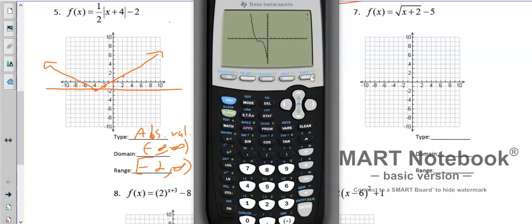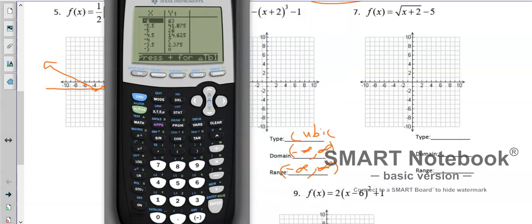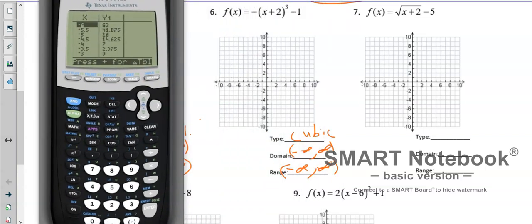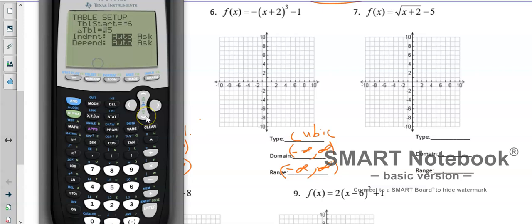So you can see it's on the left side. It's moved left from the vertex. And we're just going to get some points here. All right. And real quickly, let me change my settings here so it's not going by halves. We don't need that. So -4, 7.